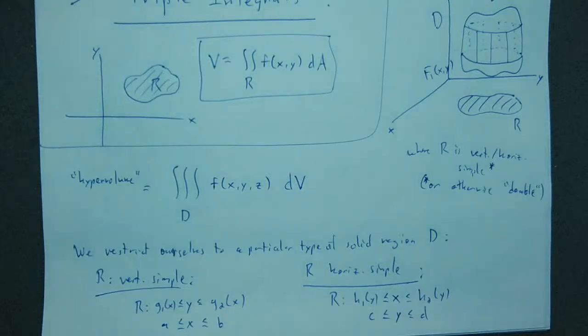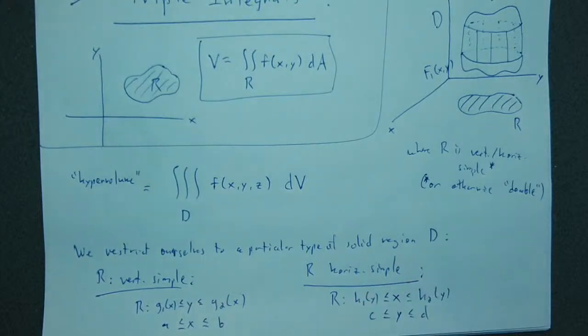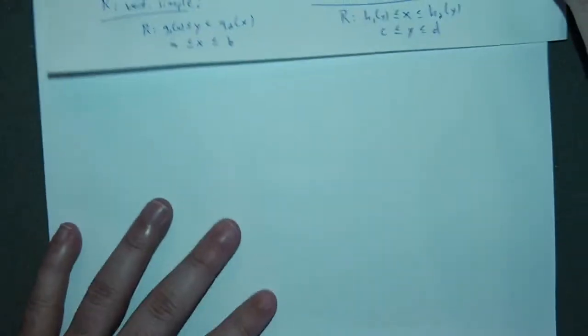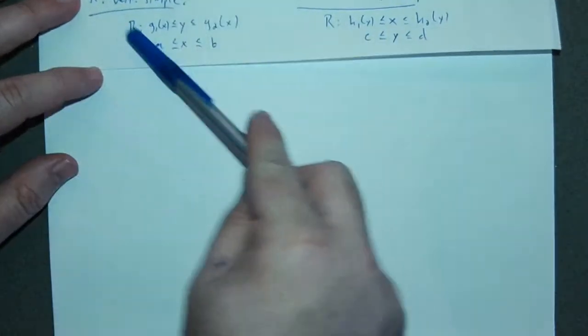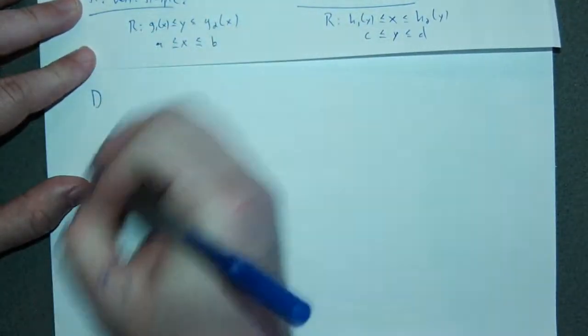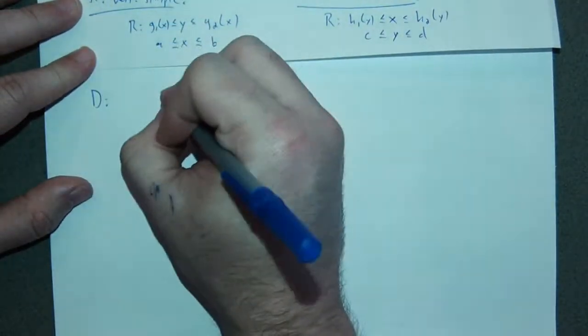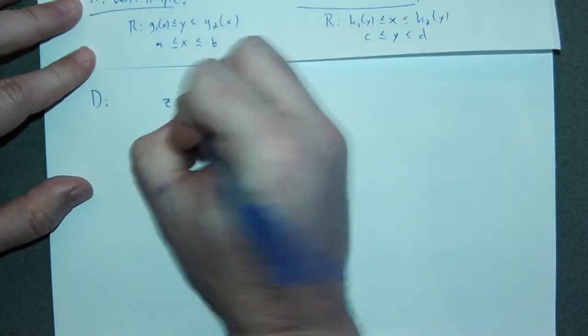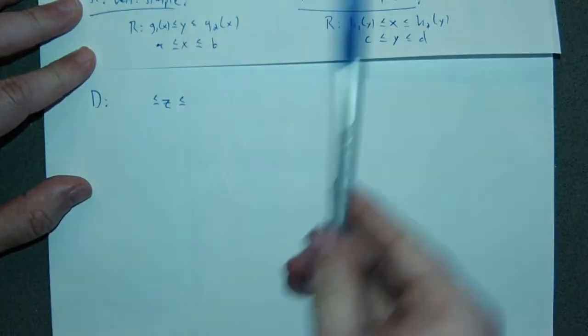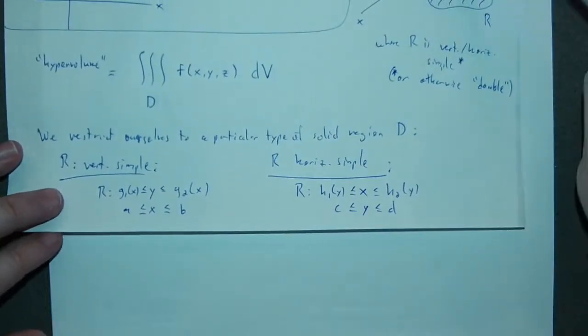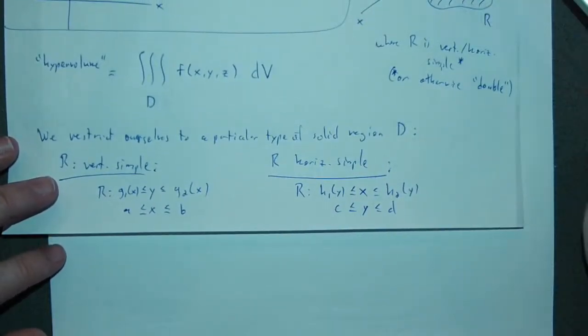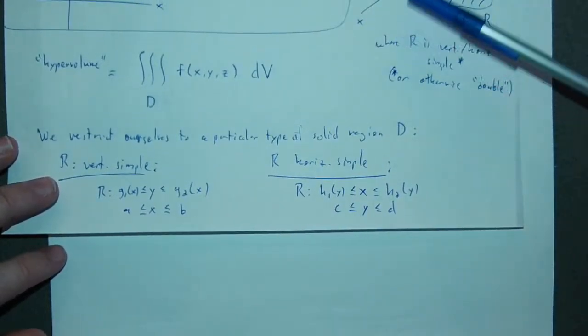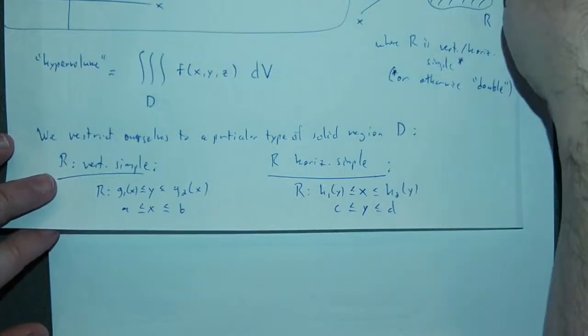Now, for each of these, how would we label our region D? For the first one, we would say that our region D is the region where z is bounded between, recall our definition here, let's go back up here, z, the height, is bounded between two functions of two variables x and y, so big F sub 1 and big F sub 2.